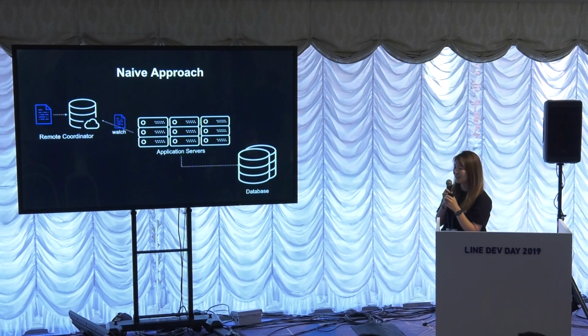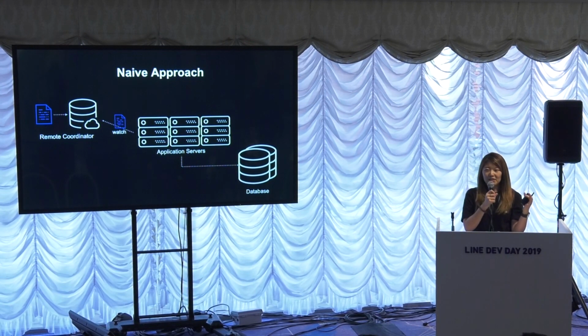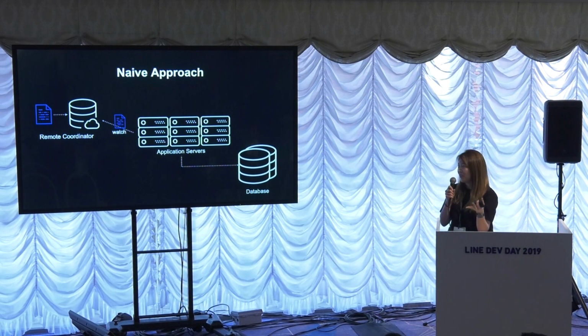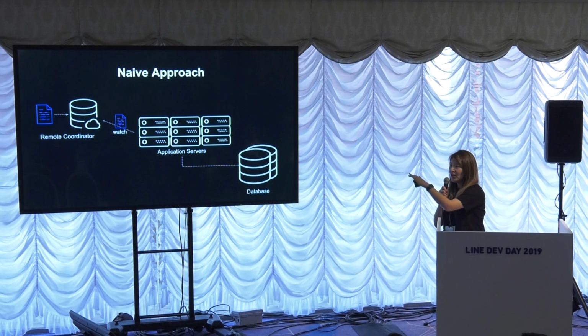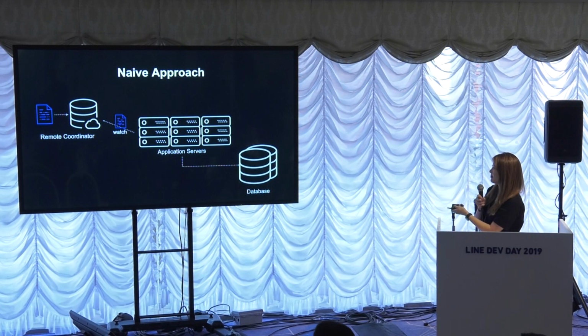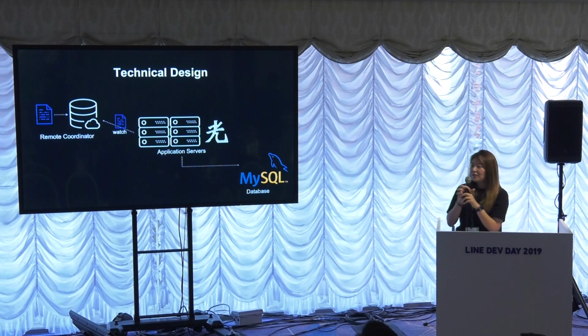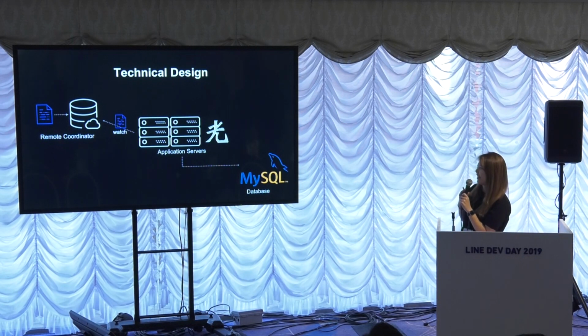Here is a naive approach. It starts with a simple idea: let's put the database configuration not in the API server, but somewhere remote. For this, we chose a remote coordinator to manage the database configuration, which can be fetched by the API server directly. Let's take a look more deeply. For our data storages, we use MySQL.